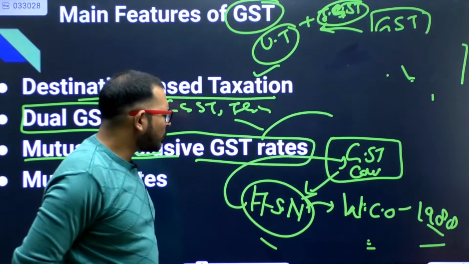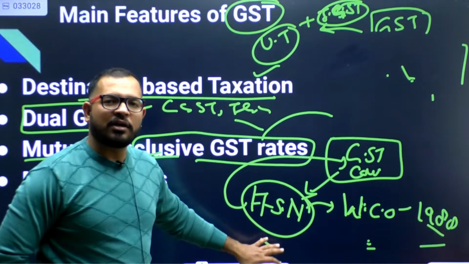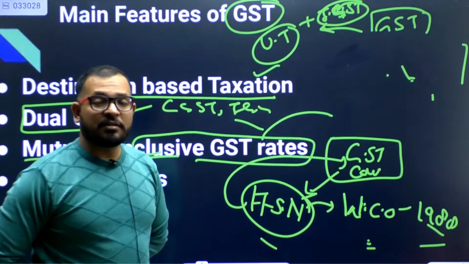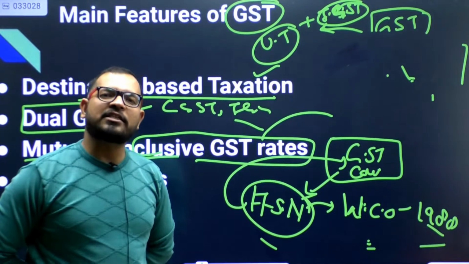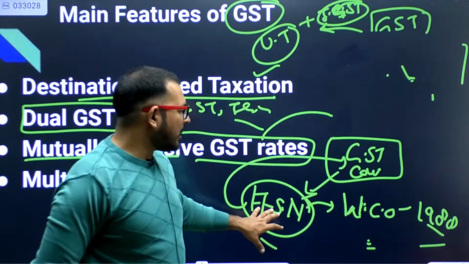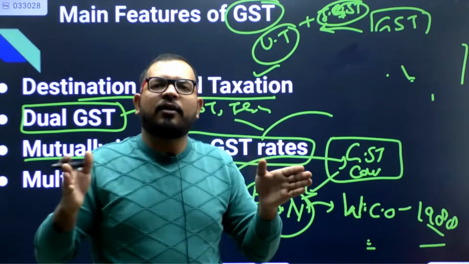You may ask, sir, wait, why do we need the HSN code? This is basically worldwide accepted. Generally all countries accept this HSN code for the easy trade of products.